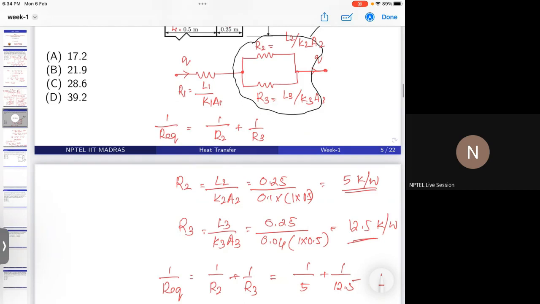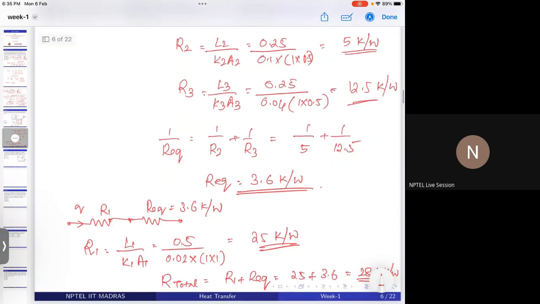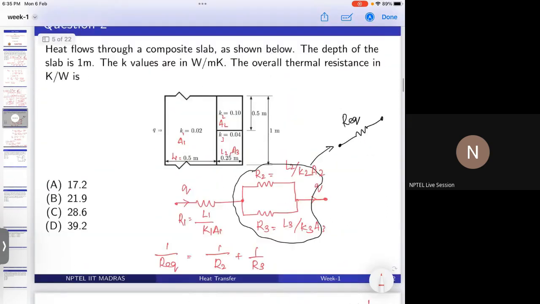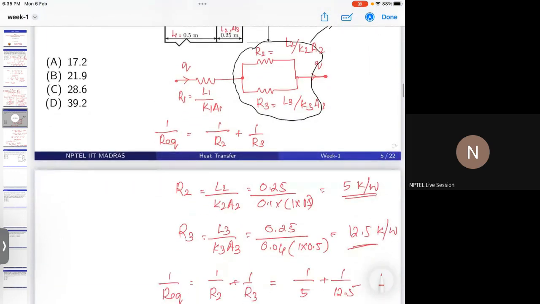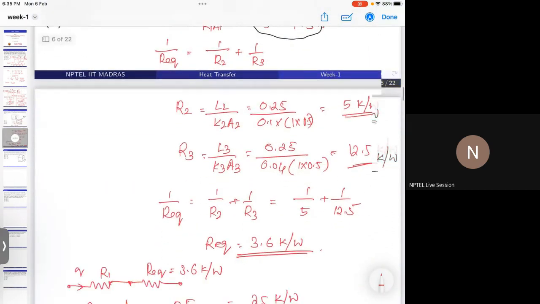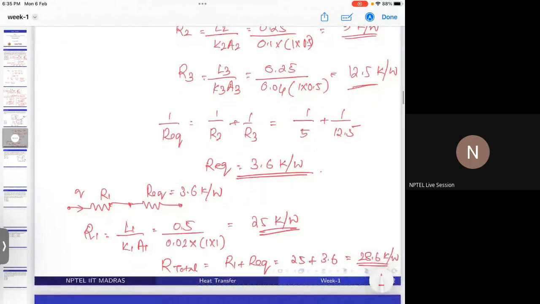Then all the networks become series, R1 and R equivalent, and in series the resistances are added up. So the only task here was to reduce a combination of parallel and series network into a completely series network. I hope you got this answer. Anybody got this answer? It is 28.6.